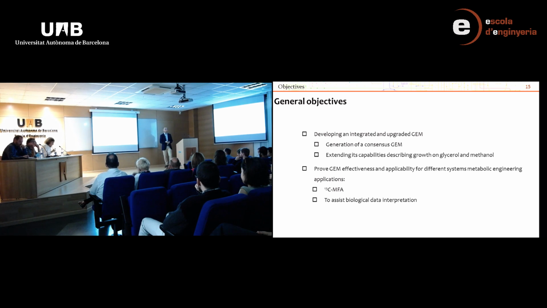In addition, we want to prove the model effectiveness by applying it on two different systems metabolic engineering applications, that is metabolic flux analysis and assisting biological data interpretation.